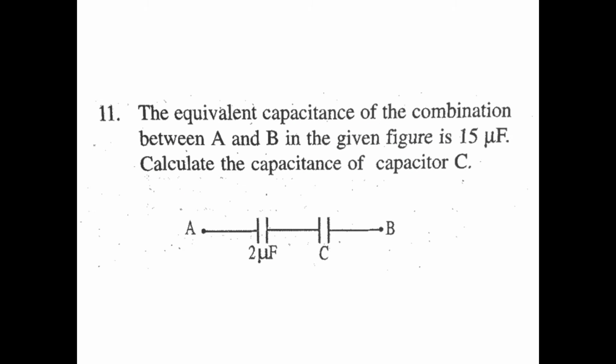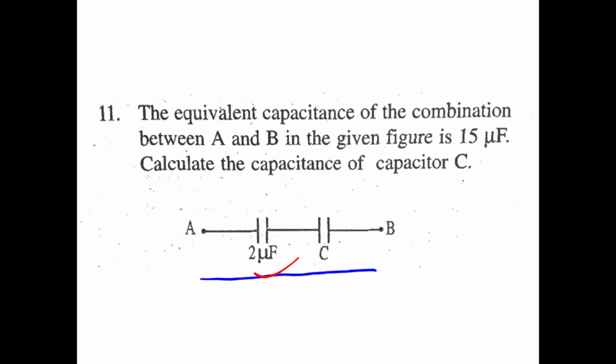Next question. The equivalent capacitance of a combination between A and B in the given figure is 15 microfarad. Calculate the capacitance of a capacitor. Here these are connected in series. So the connection is series.